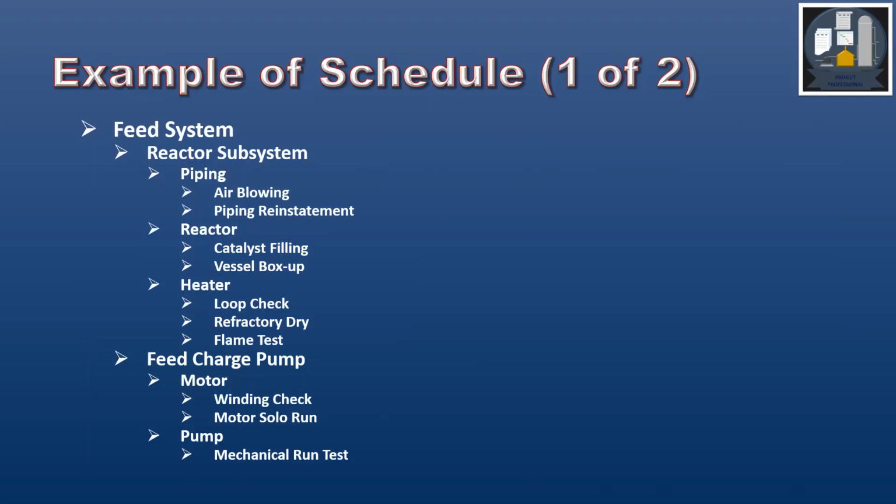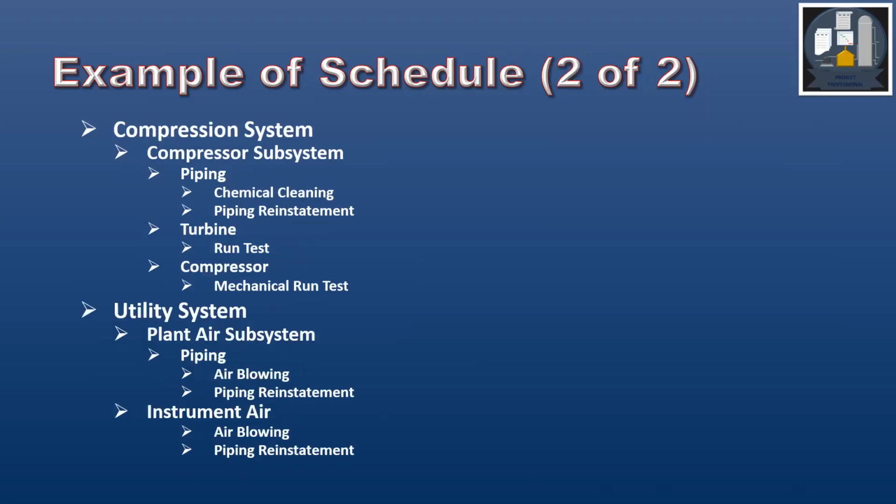Within the reactor it is catalyst filling, vessel box up. Then within the heater it is loop check, refractory dry out, flame test. Then feed charge is another subsystem. Within that we have tags as motor and pump. Within motor it is winding check, motor solo run. Within pump it is mechanical run test.